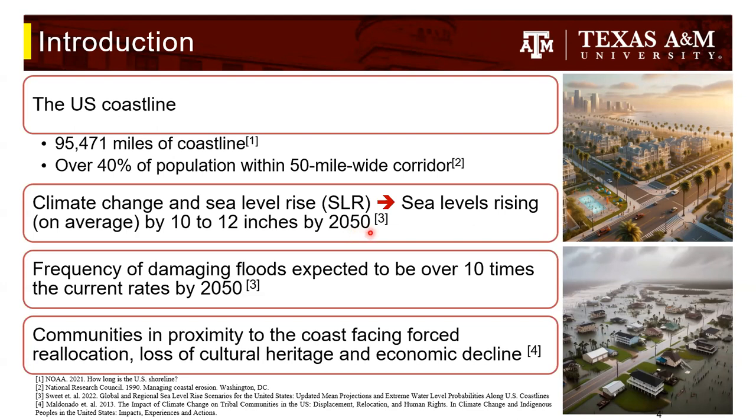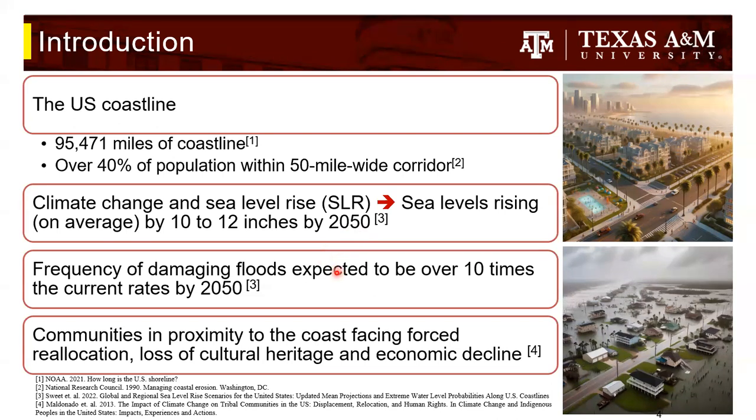Along with that, the frequency of damaging floods is supposed to increase more than 10 times the current rate by 2015. And this is a major cause of concern, not for the people inland directly, but indirectly for sure, but more directly for the people near the coast.